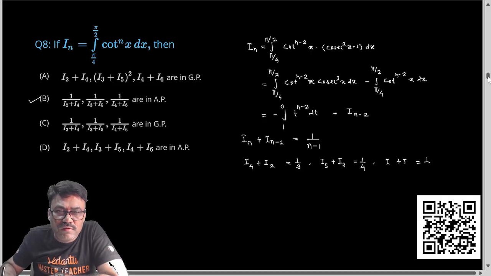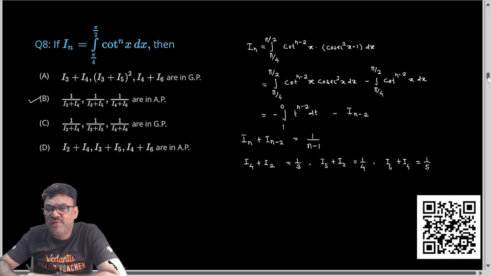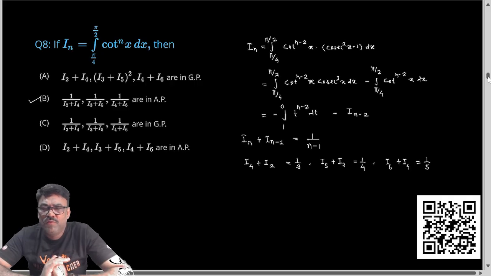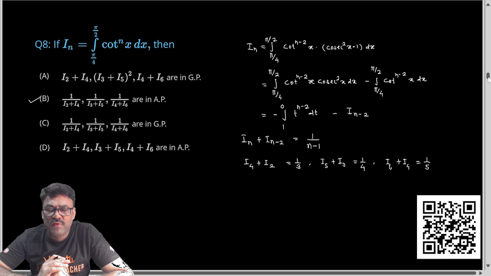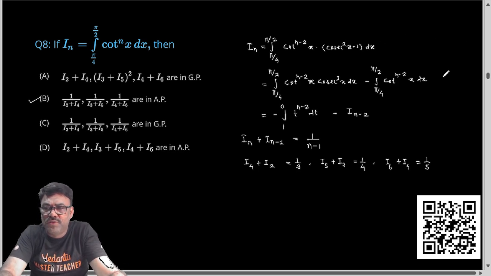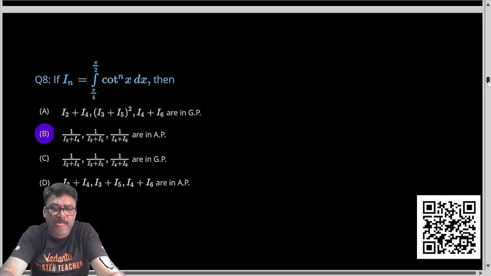Then if I put 6, so I6 plus I4 is 1 by 5. Anyhow, the reciprocals are 3, 4, 5, which is an AP. The 1 over I2 plus I4, 1 over I3 plus I5, and 1 over I4 plus I6 will be an AP. Means option B is the correct option here. Right? Easy question.